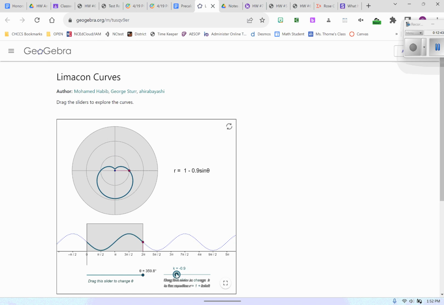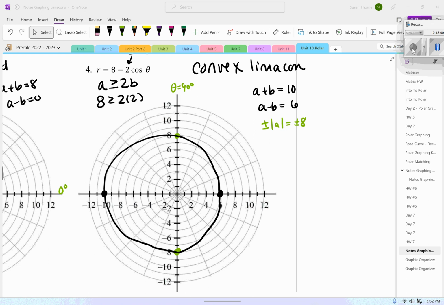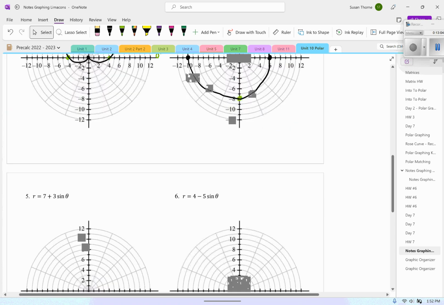And if we have negative values, notice it just goes on the other side of our graph, and this is for sine. So again, we have the convex, and then dimpled, cardioid when it's equal, and then a limacon with the inner loop.